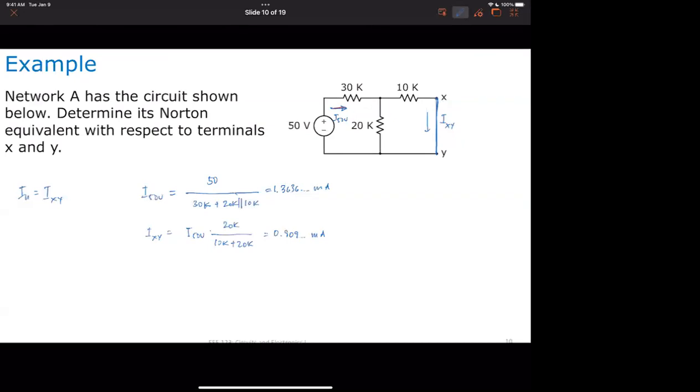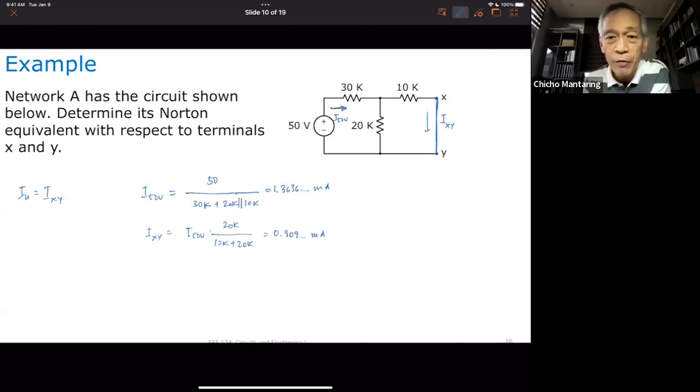Okay. Now, is this the only way we could have computed for IXY? No, like I said, there are plenty other ways. Let me just show you one other possible way. Although there's nothing wrong with this solution, this is a very nice intuitive solution. But I could have computed for the voltage here at this node with respect to ground, right?